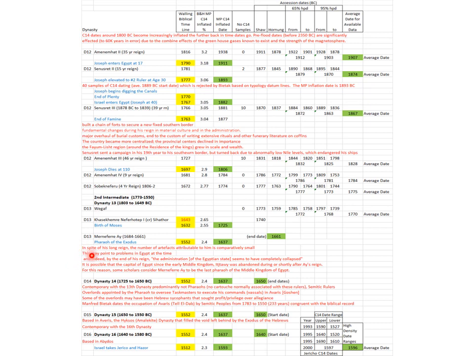In spite of his long reign, the number of artifacts attributed to him is comparatively small. This may point to problems in Egypt at the time. This is a quote from the Egyptologist. He's acknowledging that he was so preoccupied with the increasing population of Hebrews, and taking up his army and the efforts of his army and all.